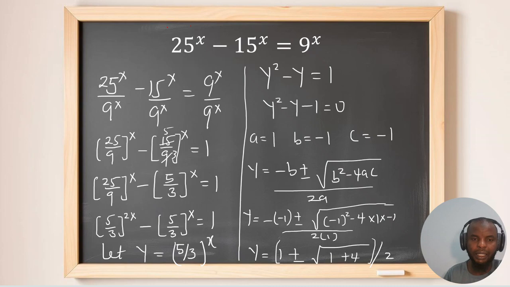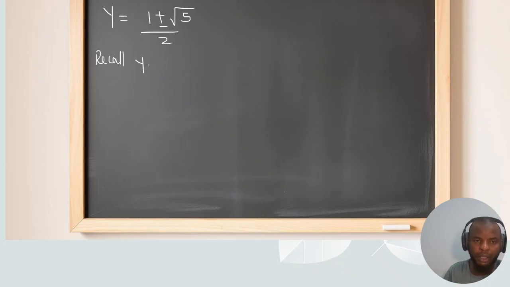And in the next slide, I'm going to have my y equal to 1 plus or minus square root of 5 over 2. Recall that our y equals 5 over 3 to the power of x.